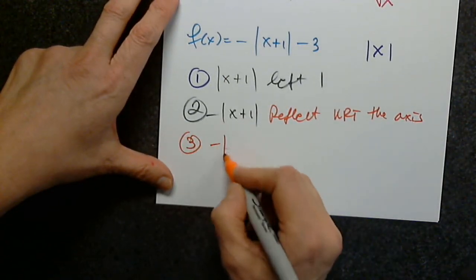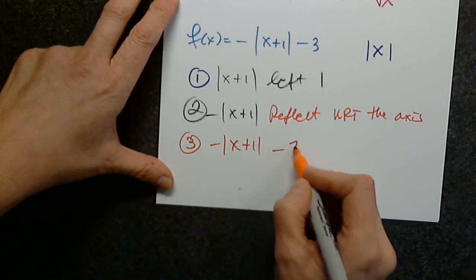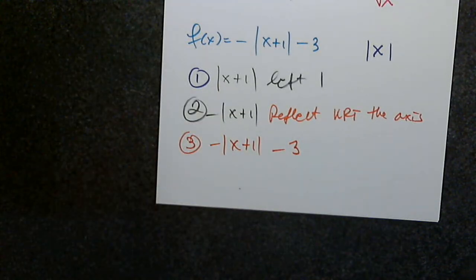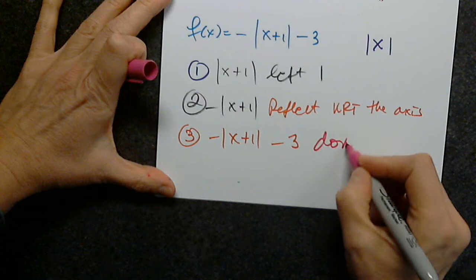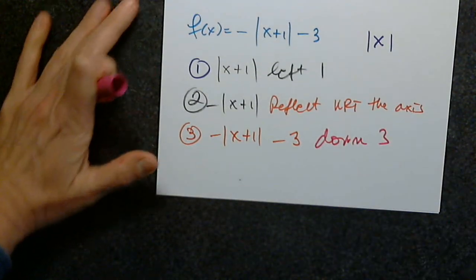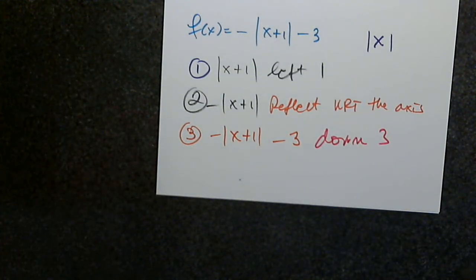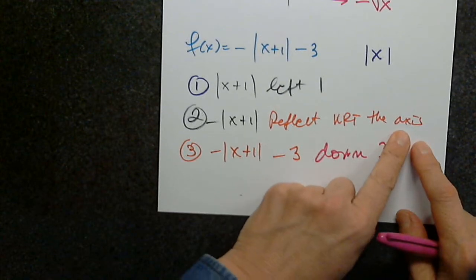And the last one, negative the absolute value of x plus 1 minus 3. Now I compare this to this. Exactly. Awesome. Great job. Down 3. And which axis is it? The x-axis.